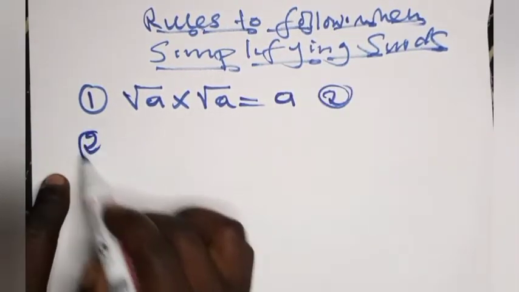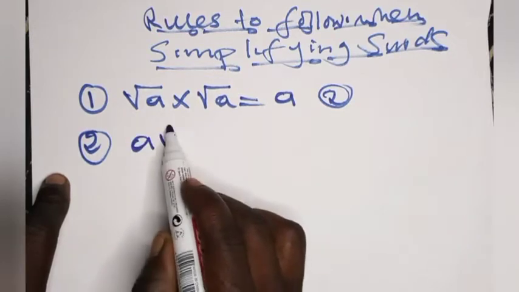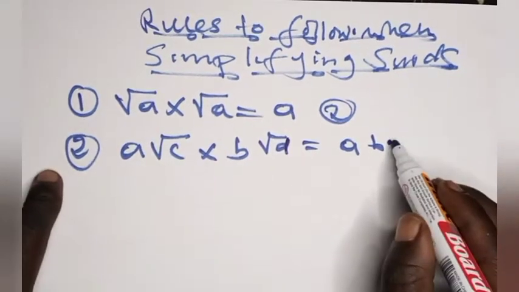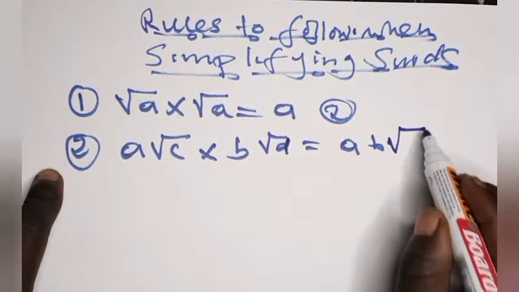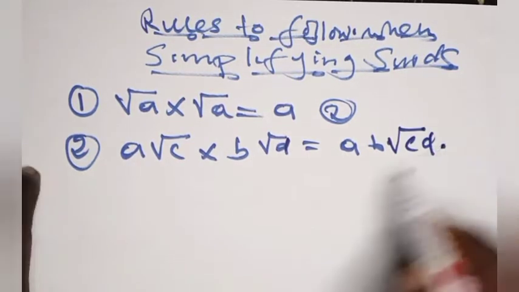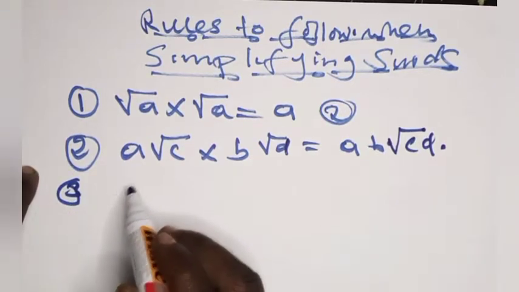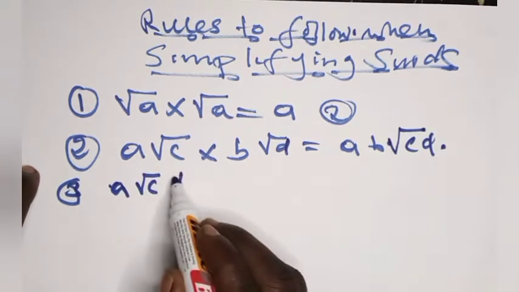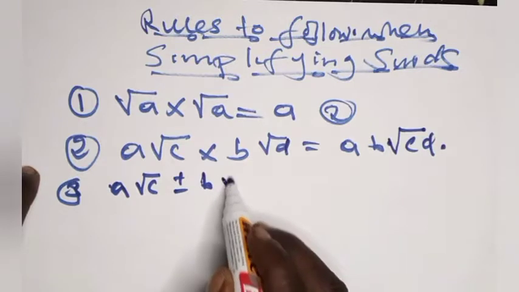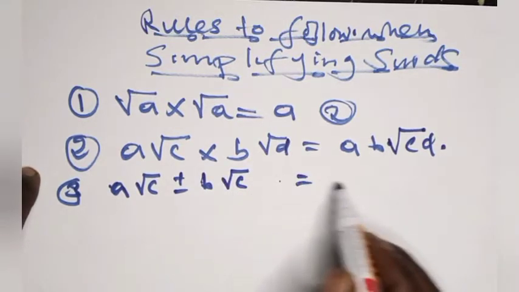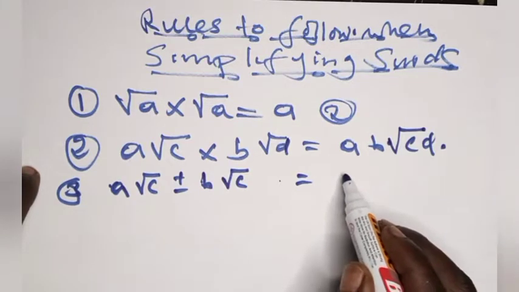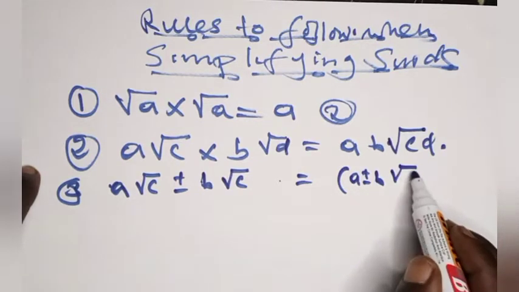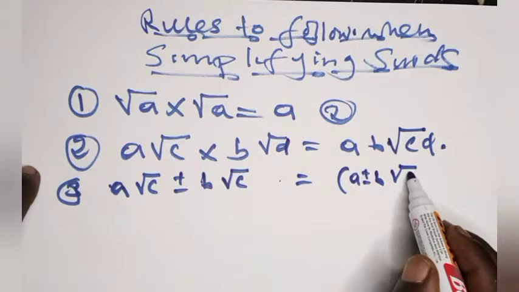Rule 2: if we have a root c times b root d, it is equal to ab root cd. Rule 3: if we have a root c plus or minus b root c, the expression will be (a plus or minus b) root c.